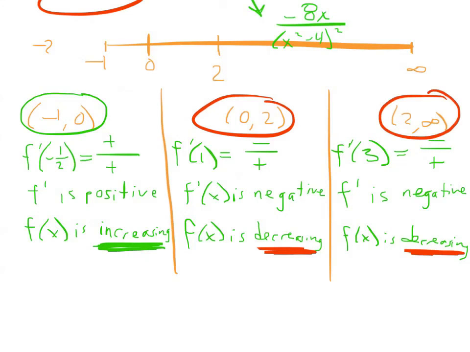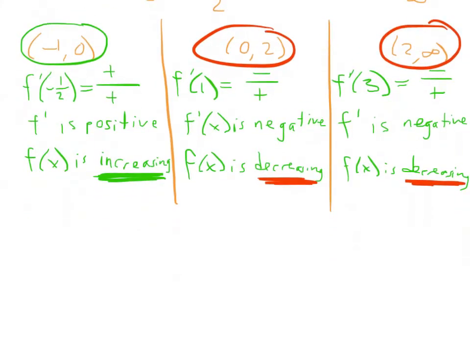Alright, so where do I possibly have maxes or mins? The only places I'm going to have a max or a min is where I go from increasing to decreasing or decreasing to increasing. Here I'm going from increasing to decreasing, so that means I might have a max here. And the way I find out is by plugging in and finding out what is f of 0.